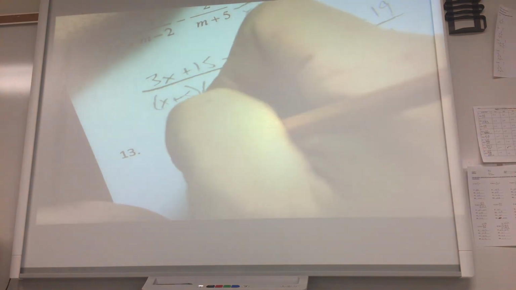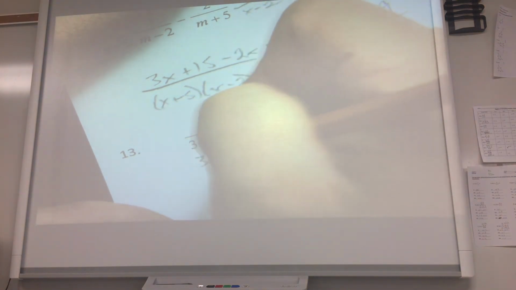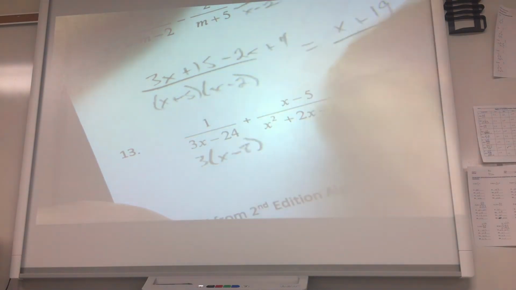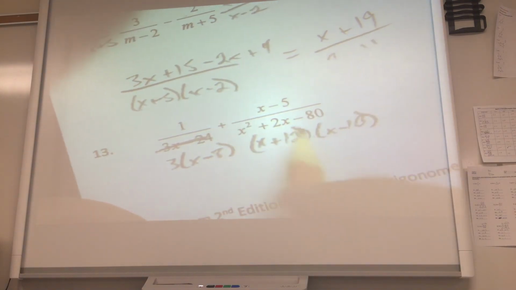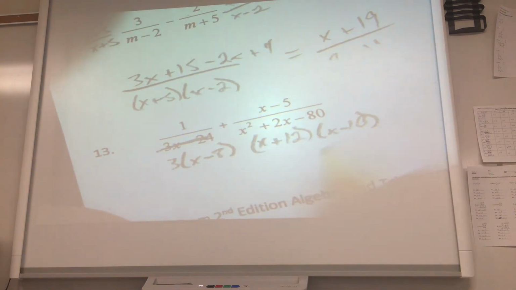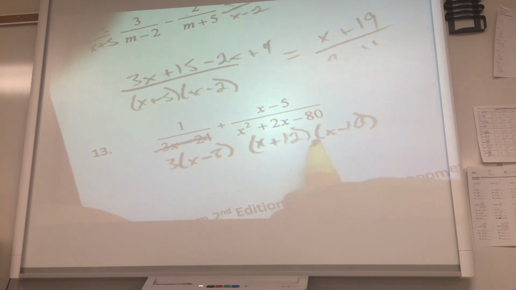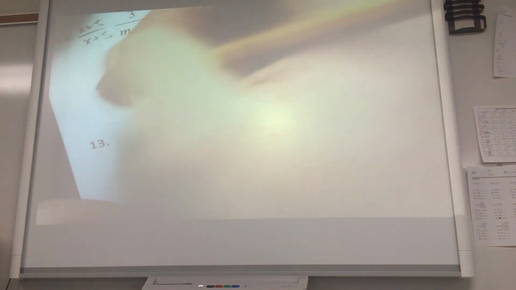Okay, this one. 3 times x minus 8. This one is x plus 12 times x minus 10. All right, so this side is missing x. Is that right? Yep, x minus 10 over x minus 10.